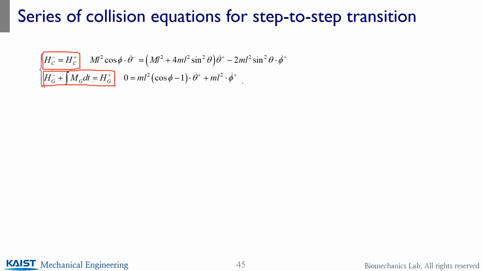Now let's simplify. Assuming that beta, the mass ratio between the capital mass and the small mass, is really, really small, compared to the first term the second term is negligible.